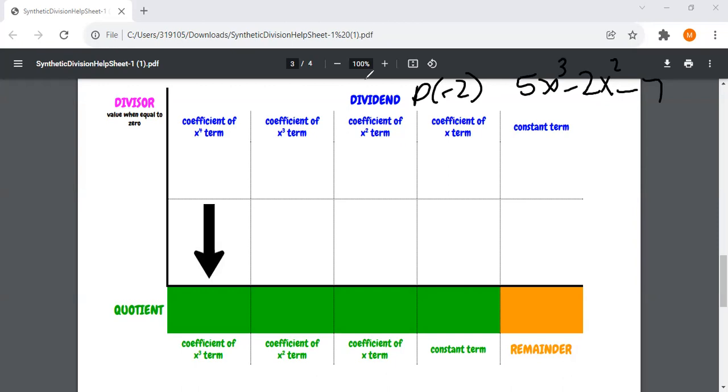As you can see, it's basically the setup for synthetic division. There's no formal little box. This is like where my box should be. So in my box, what number goes here?